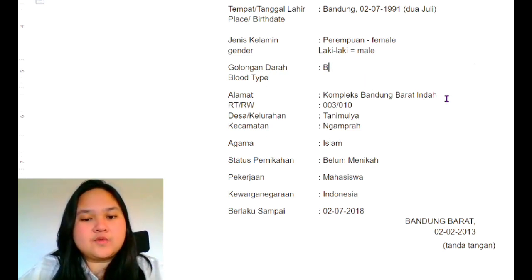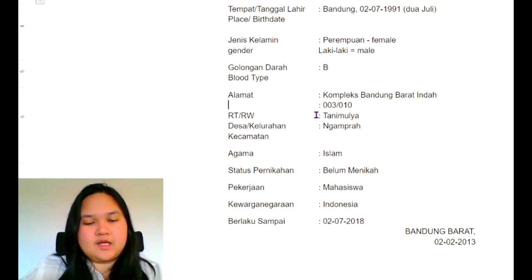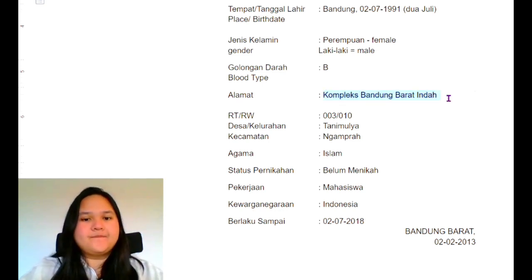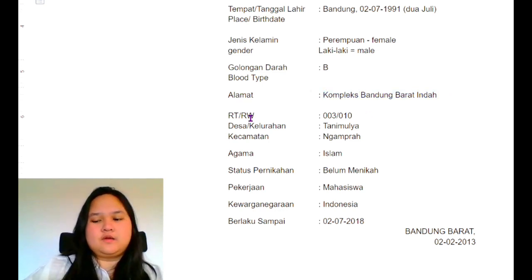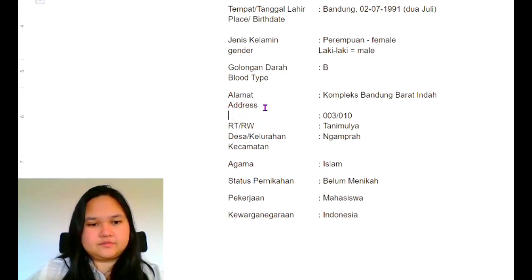And the next one we have alamat. Can you guess what alamat is? Kompleks Bandung Barat Indah. So this is typically the home address. And we also have RT RW.